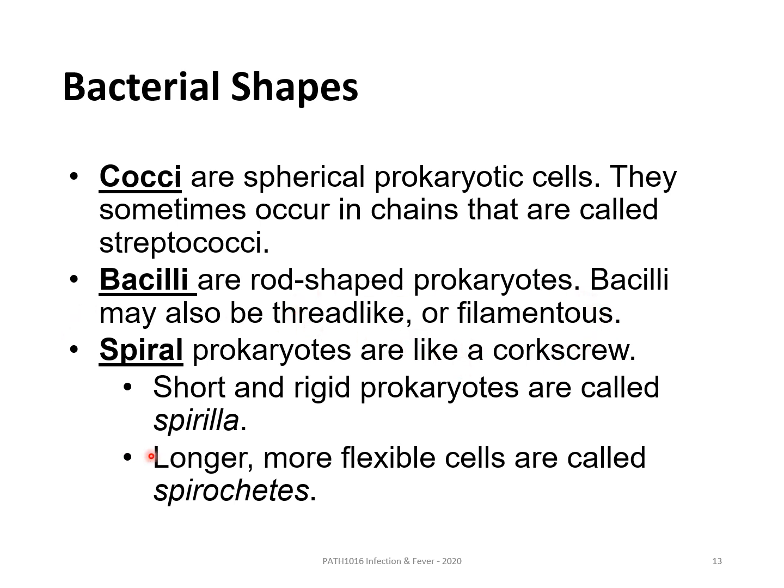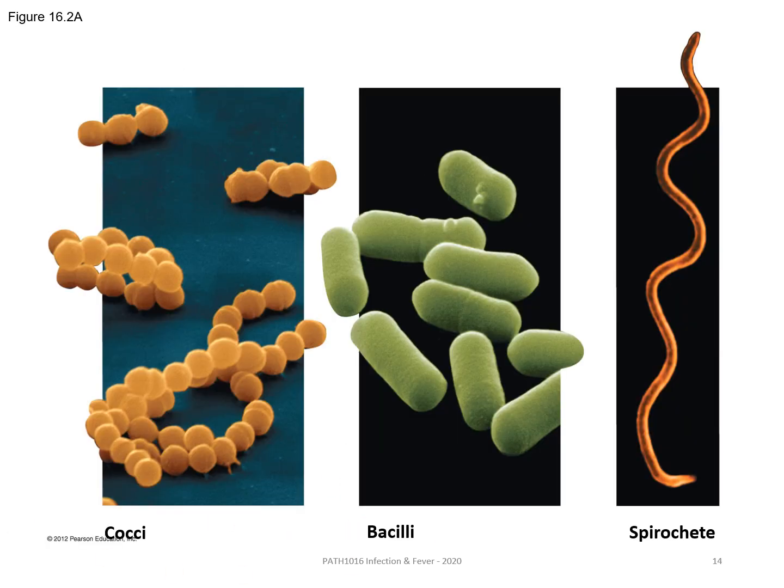We have some that are spiral, that look like a corkscrew, and they are short and rigid. There are also some longer ones called spirochetes, and they look like this. This is what they look like under a microscope. You have the cocci in chains or clusters, the bacilli that like to line up from end to end, and a spirochete over here.